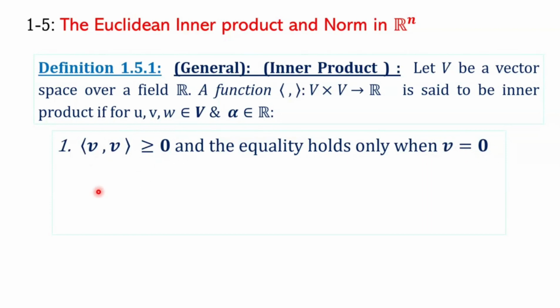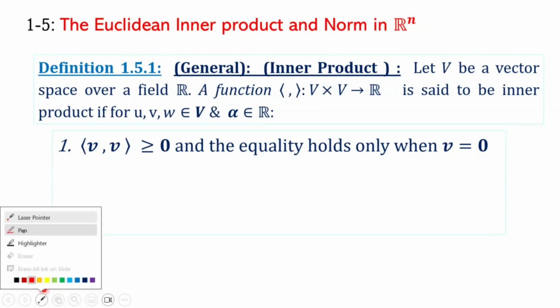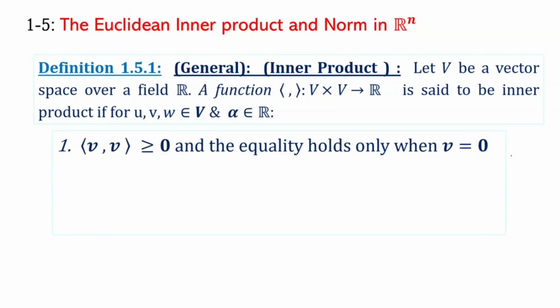That means for vectors on the same line, y equals x, the value will always be non-negative, and the 0 happens at the origin only.